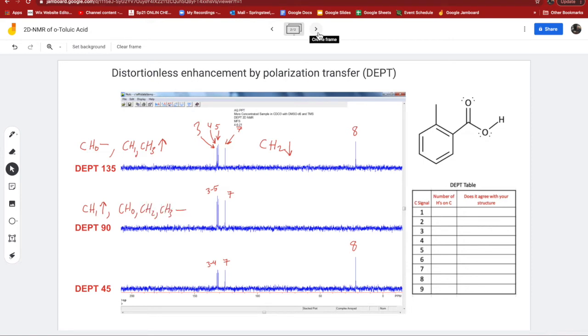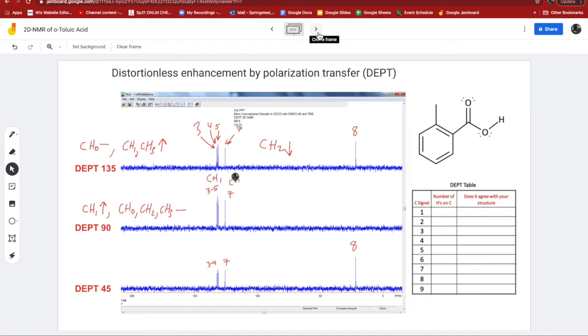So this is nice because now, when I only had the top DEPT 35 to go by, all I could say at this point was that 3, 4, 5, 7 could be a CH1 or a CH3. But since they're showing up here on the one that only has CH1s, I know that, oh, all these are CH1s.